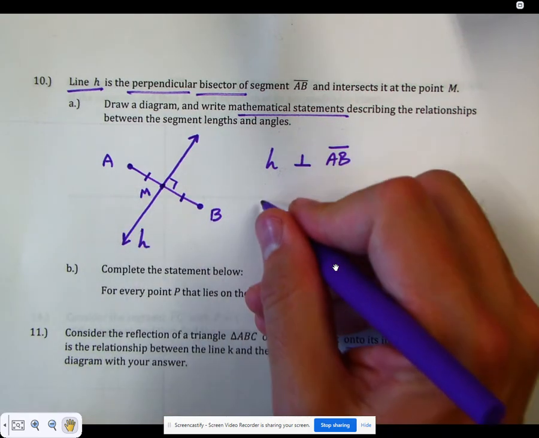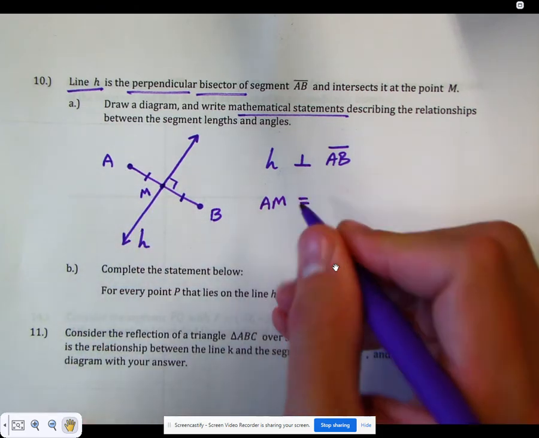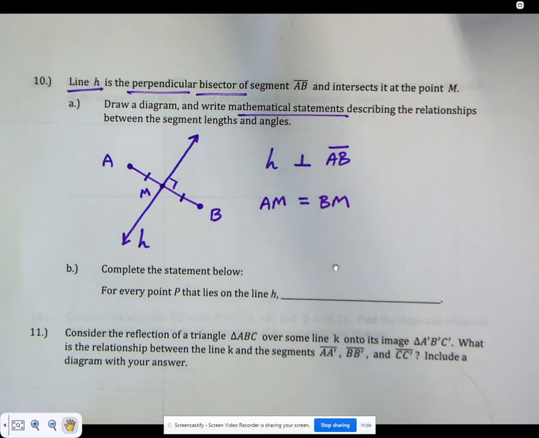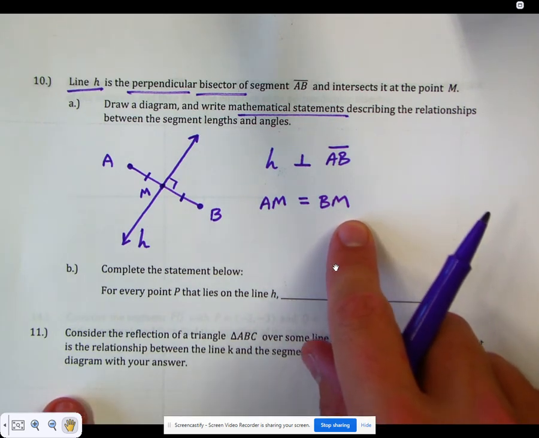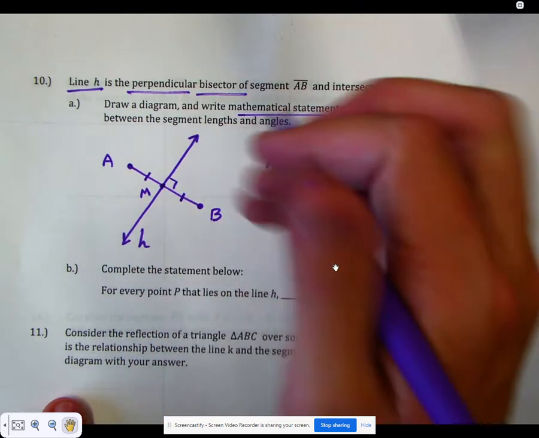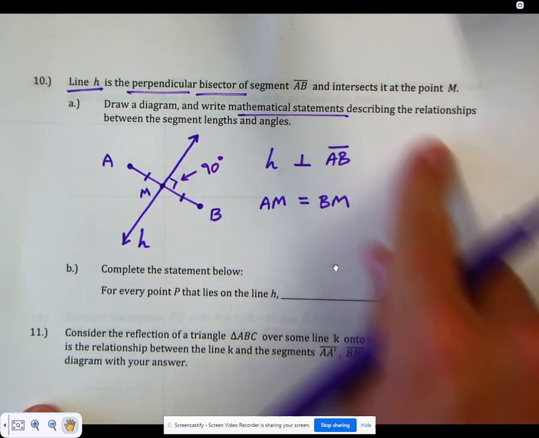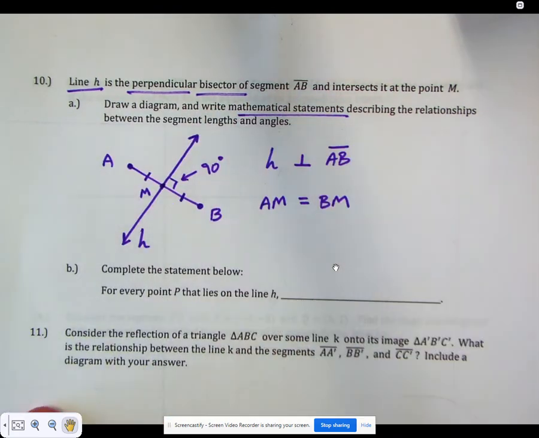I can say something like the length AM is equal to the length BM. Another statement I can say is that this angle here is 90 degrees. So now we have a pretty complete diagram explaining what a perpendicular bisector is.